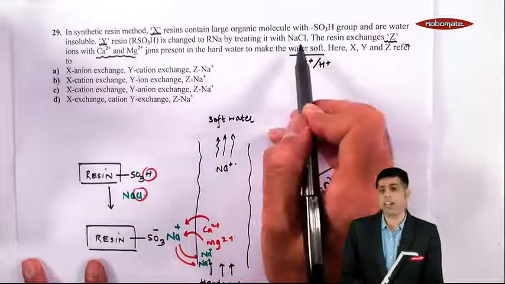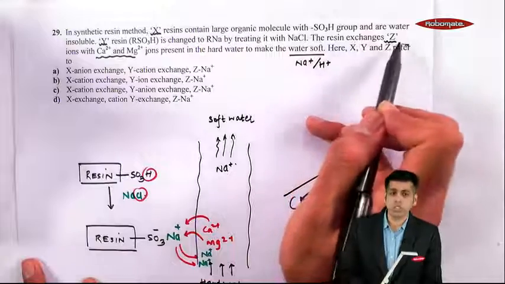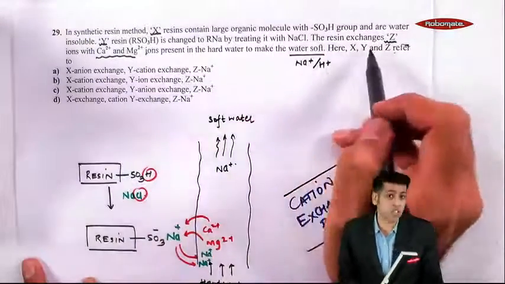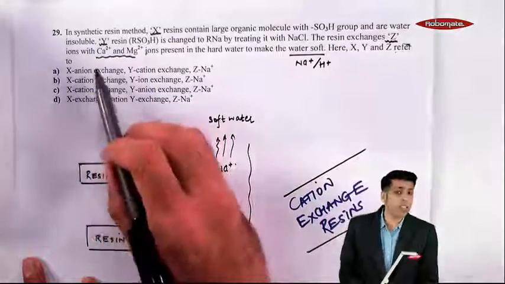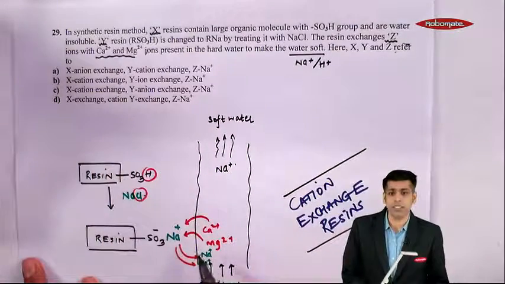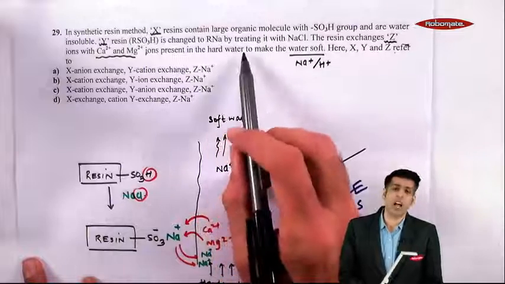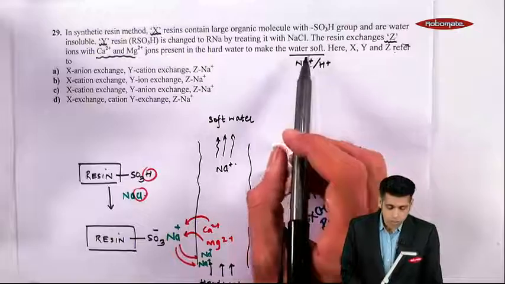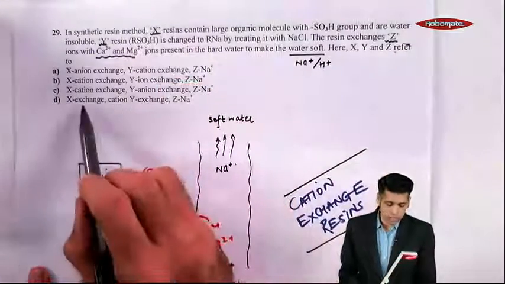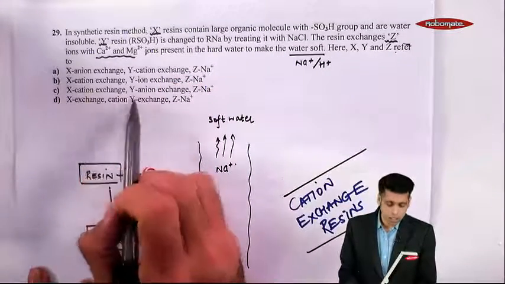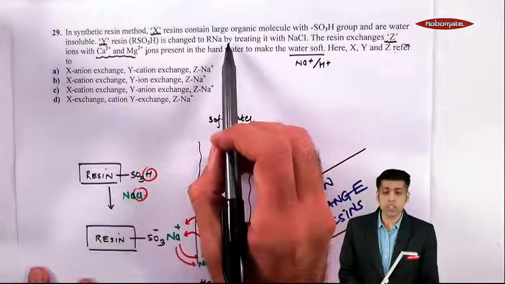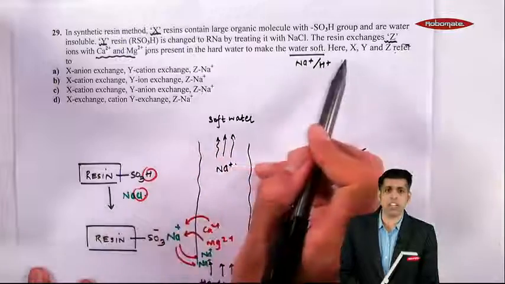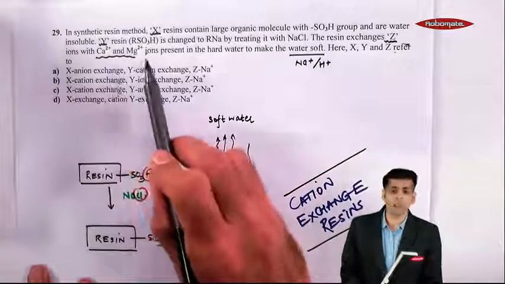By treating it with NaCl, the resin exchanges Na+ ions with the calcium and the magnesium ions, which results into the hard water being converted to soft water. So don't you think, students, the answer should have been X is cation exchange. Then the exchange resin is changed, and then the Na+ is exchanged with Ca2+ and Mg2+.